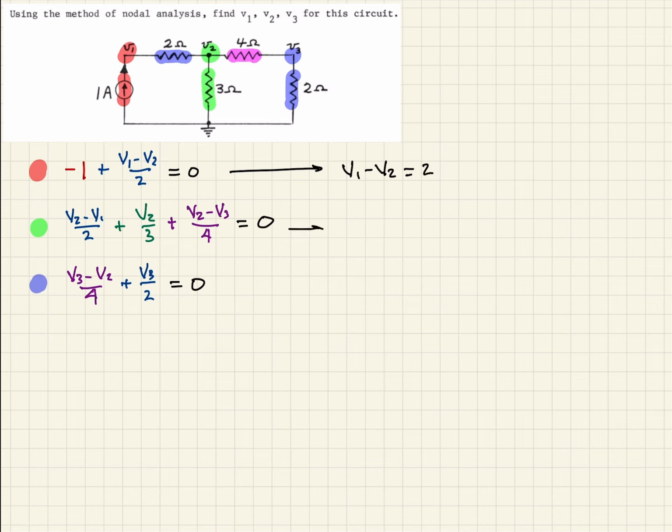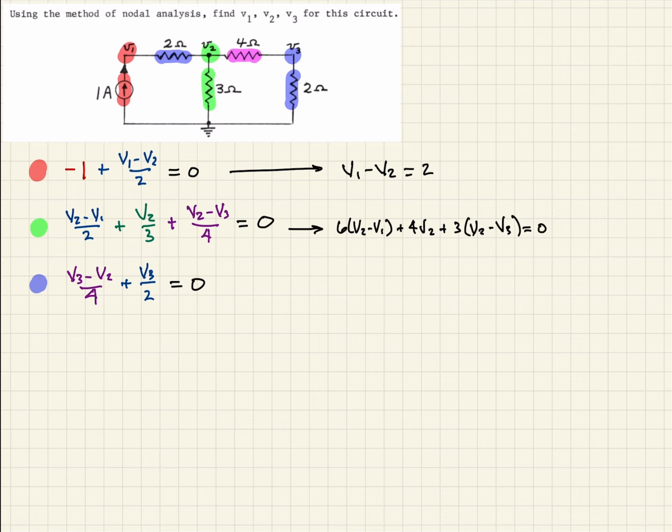And then for the second equation, if we multiply through by 12, we will get 6 times V2 minus V1 plus 4 V2 plus 3 times V2 minus V3. All that's equal to 0.